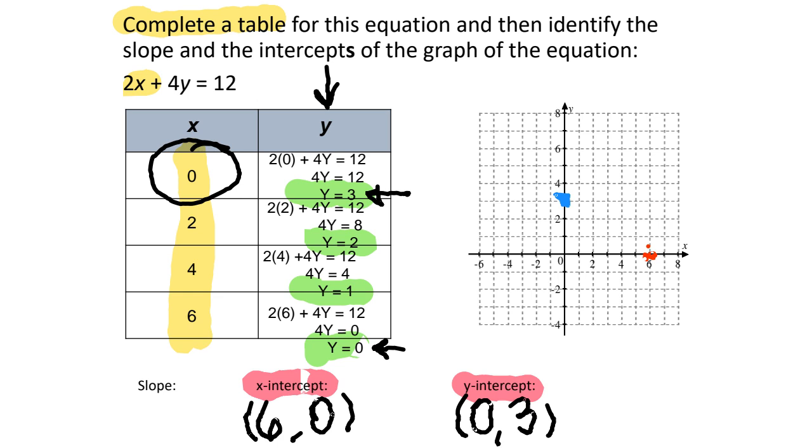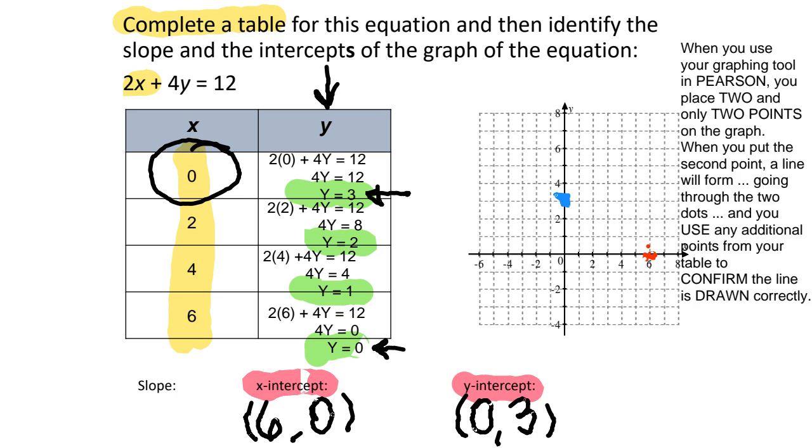When you put the second point, a line will form going through the 2 dots, and you use any additional points from your table to confirm the line is drawn correctly. Okay, and that's the key.